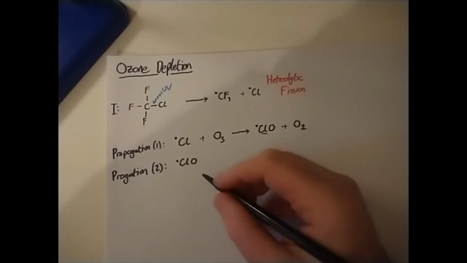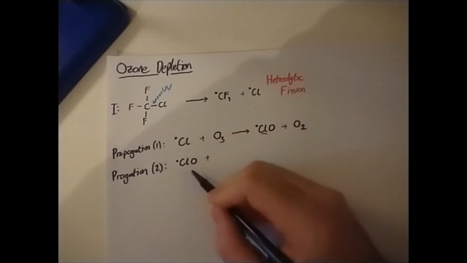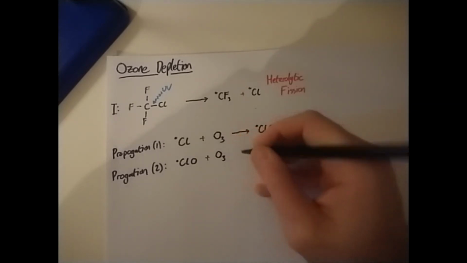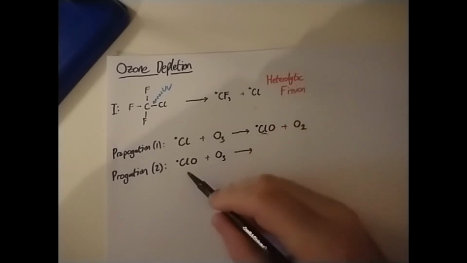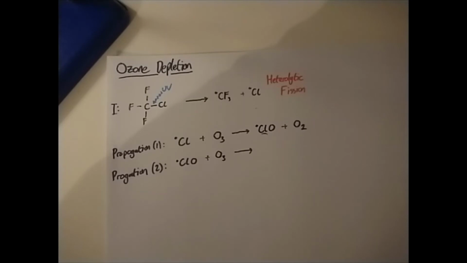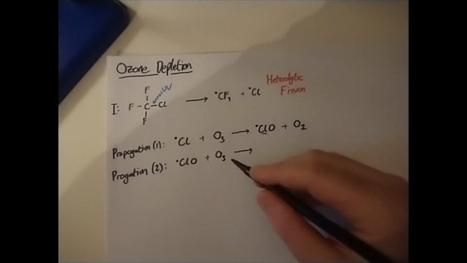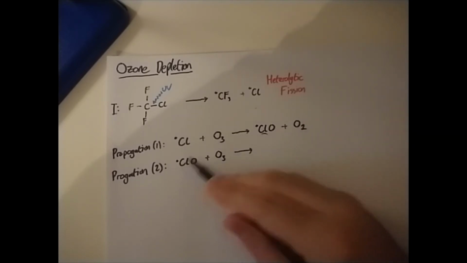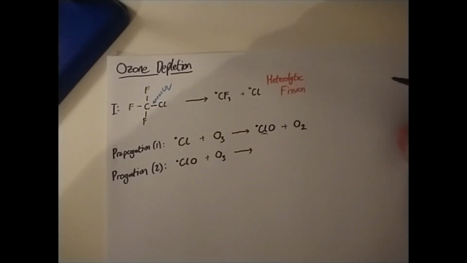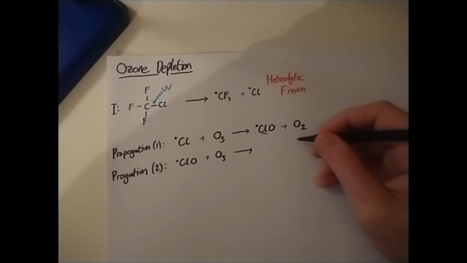So we've got this ClO radical. And what this ClO radical is going to react with is another ozone molecule. And again, it's going to break open the oxygen-oxygen bonds, and then the oxygen from the ClO is going to join as well. We can't have O4, that's not a stable molecule, but we can produce 2 oxygen molecules.